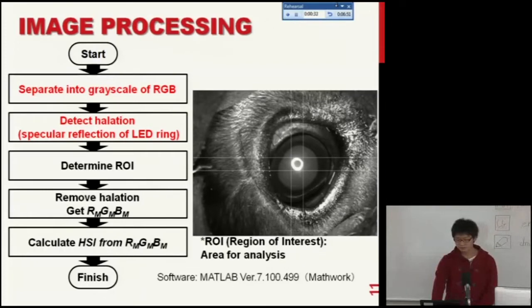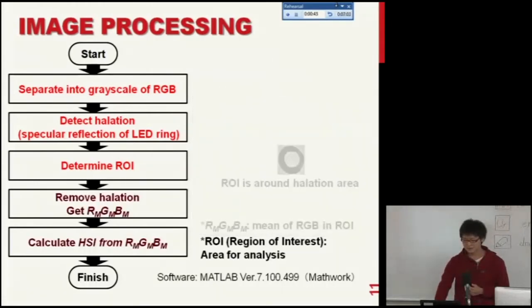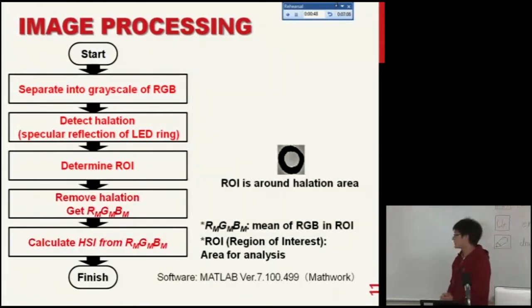And then I made a rectangle around the halogen area and determined the ROI inside the rectangle. Then I removed the halogen area because it is saturated, so it affects the result like noise, so I have to remove it. Then I calculated the mean value of RGB in the ROI and calculated the HSI from the mean value of RGB.